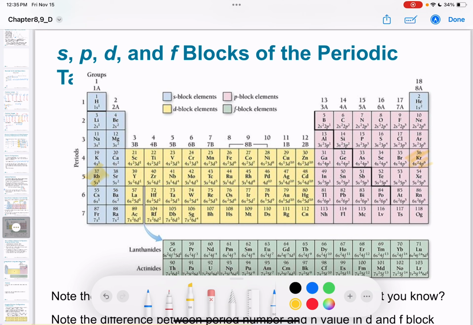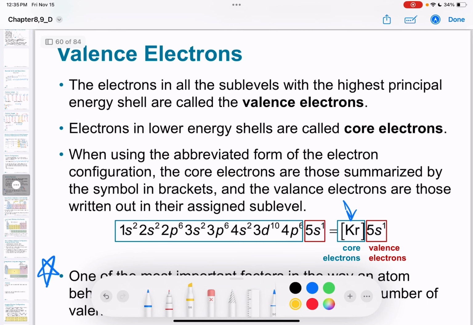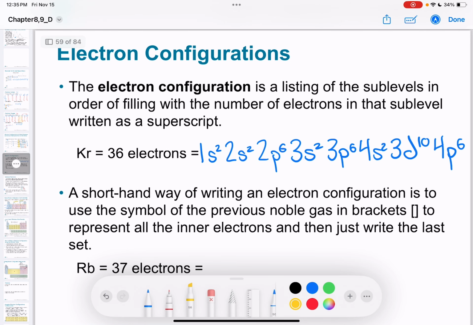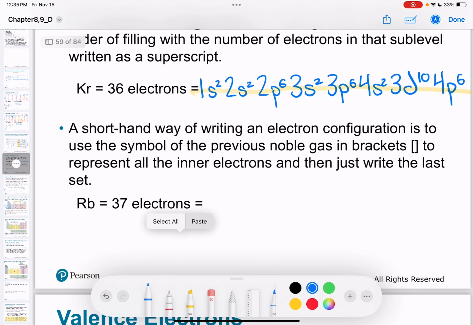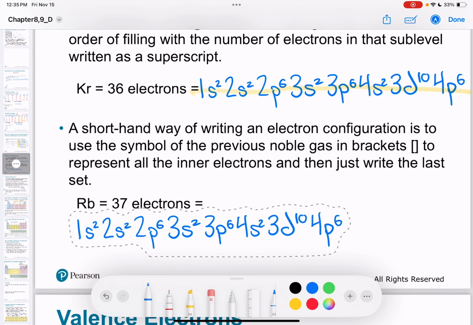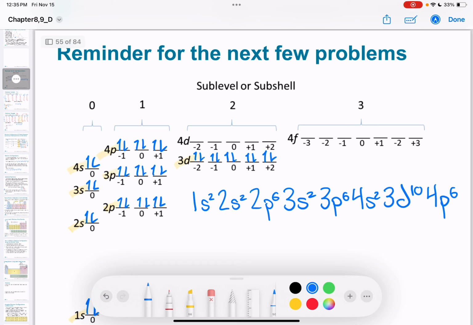And if we wanted to write the electron configuration of Rb, we would start just like we did for Kr, and we would literally write everything the exact same. So I'm going to copy that again over because we would do everything the exact same. Let me show that to you in the diagram here.